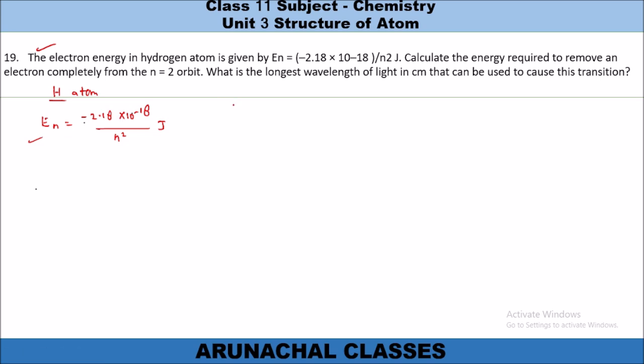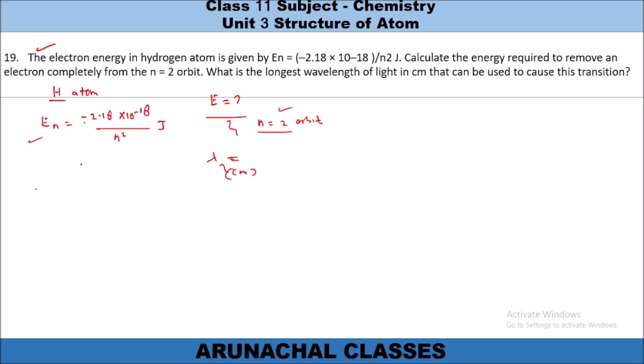Now we have to calculate the energy required to remove the electron completely from the n equal to 2 orbit. We have to remove the electron from the second orbit. What is the longest wavelength of light in centimeter that can be used to cause this transition?